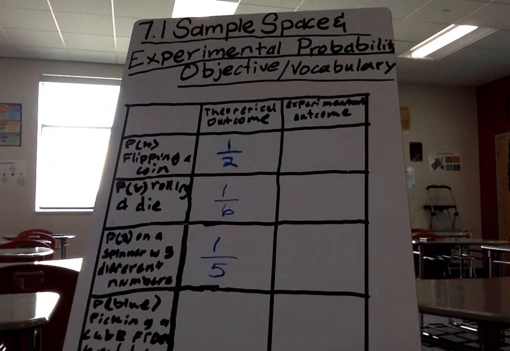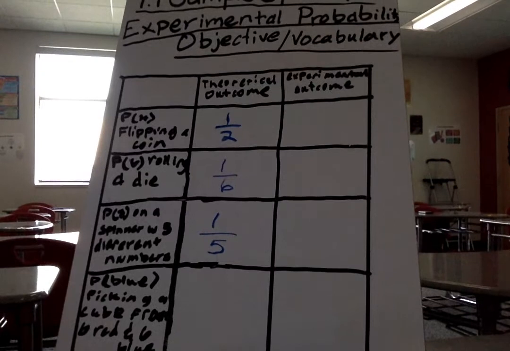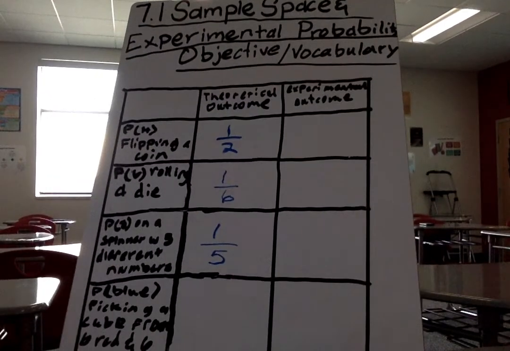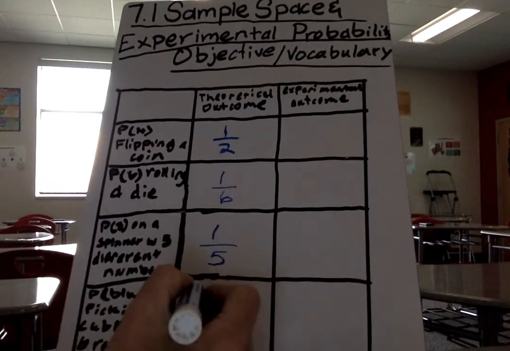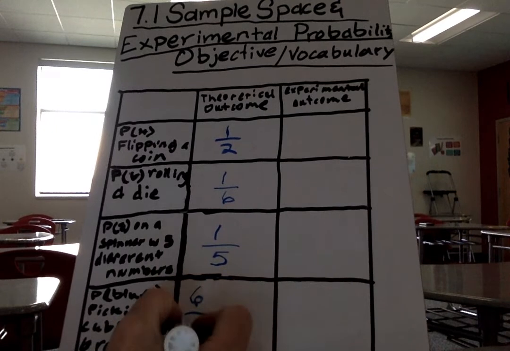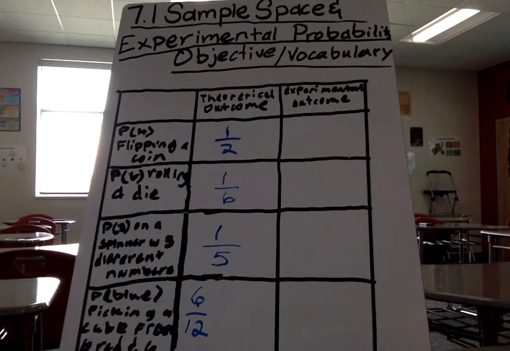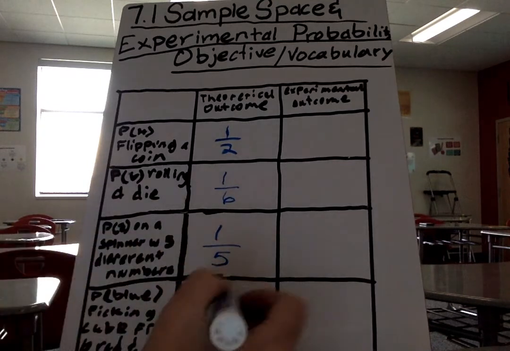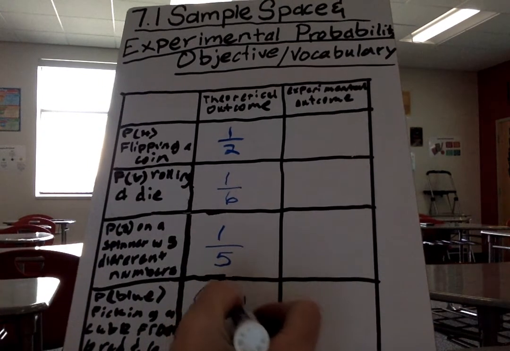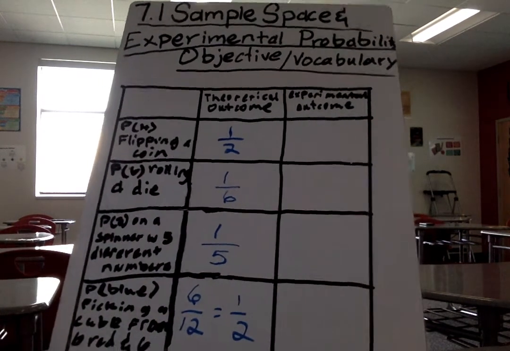The probability of blue when picking a cube from a bag of 6 blue and 6 red cubes. Well, 6 blue out of how many total? 12 total cubes. And we simplify that, and we get 1/2. So you still have a half a chance there.